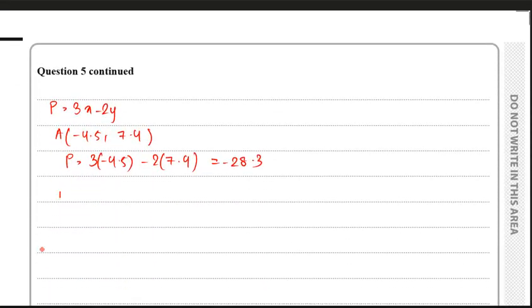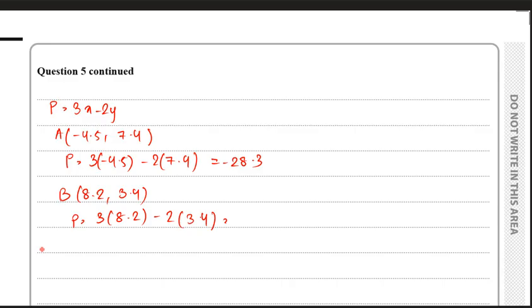So p is going to be 3 times x, which is 8.2, minus 2 times 3.4. This is going to be 3 multiplied by 8.2 minus 2 multiplied by 3.4.